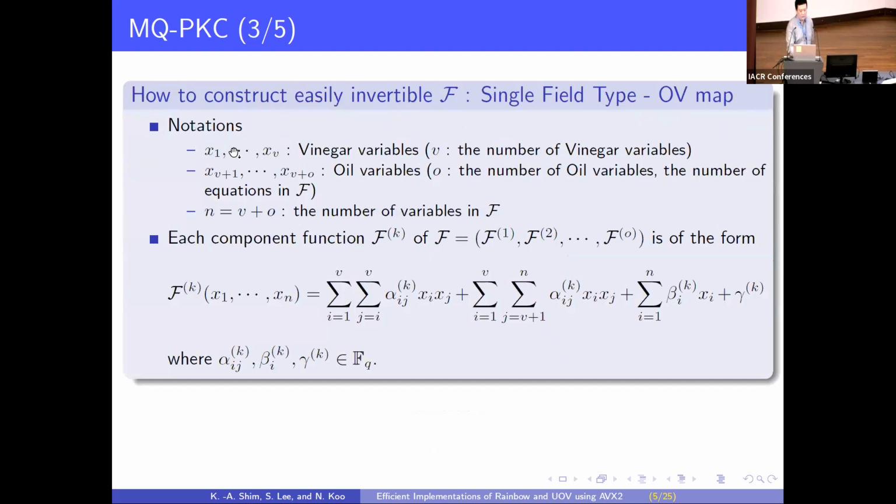We call these variables vinegar variables and these variables oil variables. We denote by V the number of vinegar variables and by O the number of oil variables, which is equal to the number of equations in the central map F. And N, which equals V plus O, is the number of variables in F. Then each component function f bracket k of F is of this form.